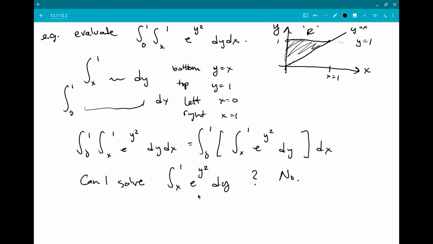I think that's one of those that's defined as a special function. So I can't do this. I don't know what the antiderivative of e to the x squared is, so I can't integrate e to the y squared dy.